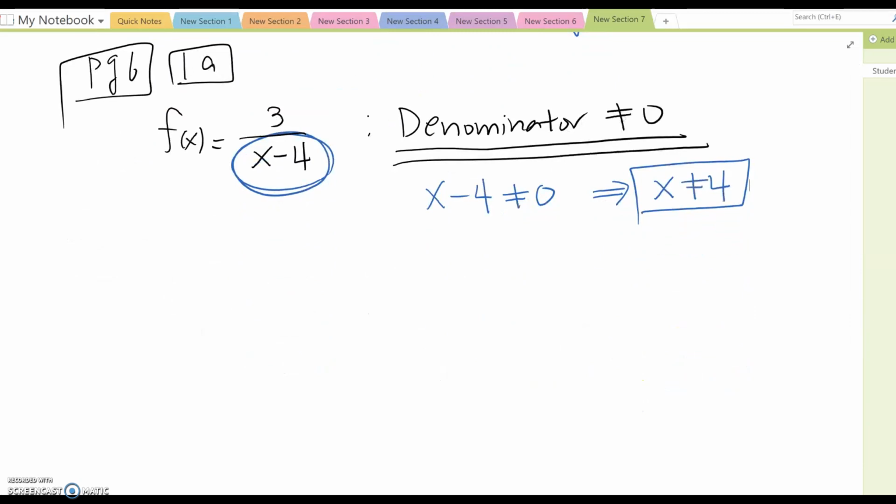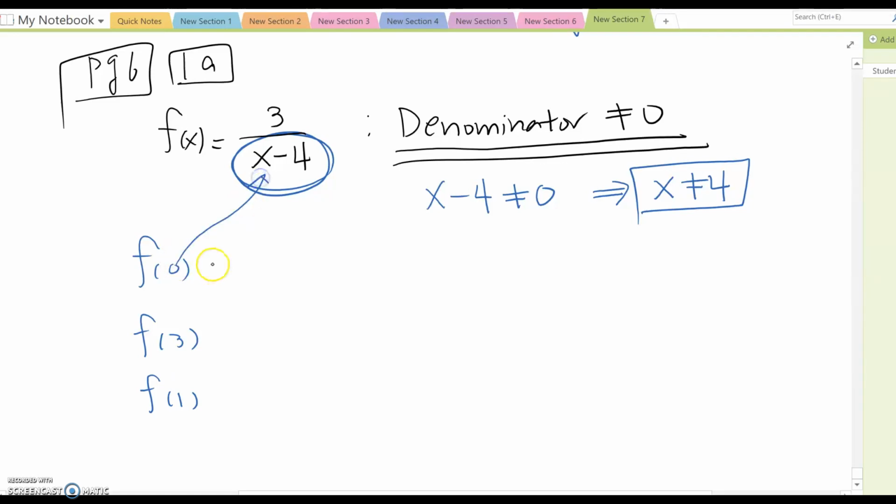Now look at the problem: we want to find certain input and output values here. So f(0), f(3), f(1), something like that. How to solve this problem? Simply, we plug the input value into this function.